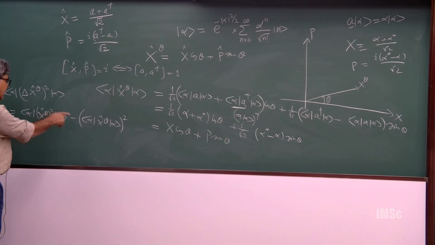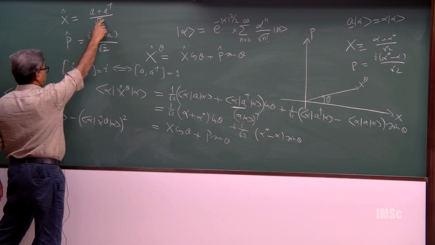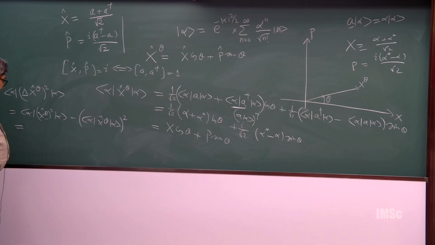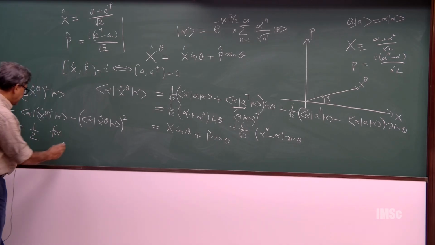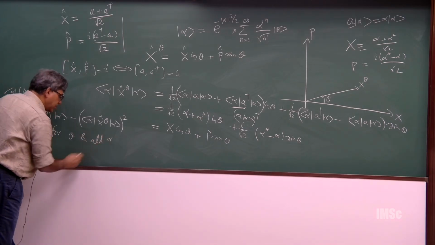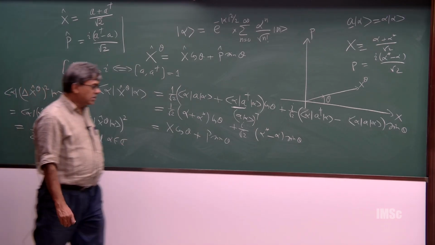If you calculate that, I am not going to calculate it, you can calculate it, for the calculation you will have to use this rule, this formula. If you do that, what you will get to see is that this is equal to half, whatever be the theta, so this is for all theta and all alpha. Theta is the angle and alpha is a complex number.